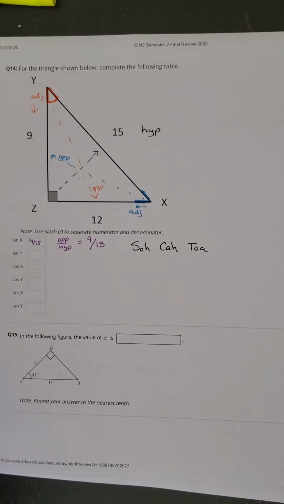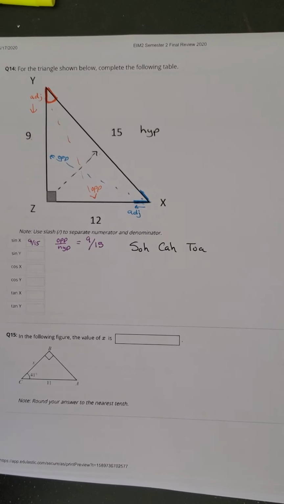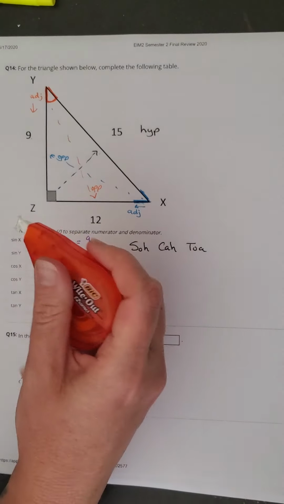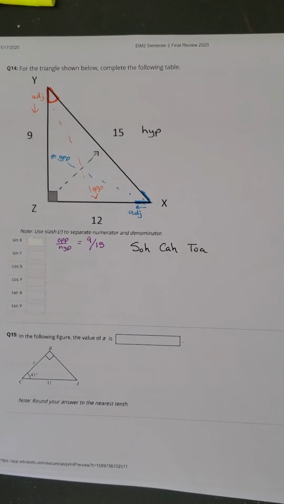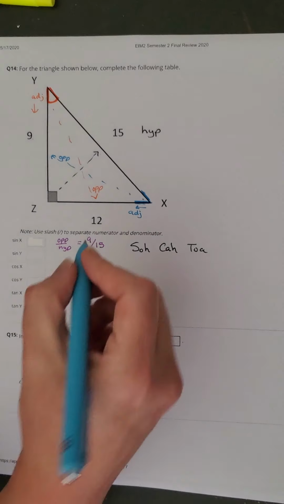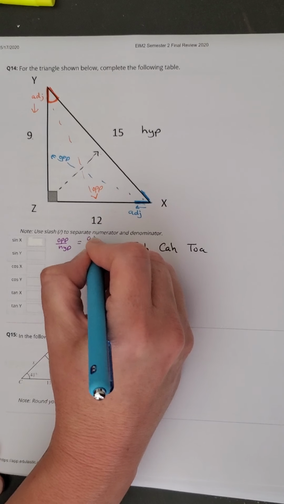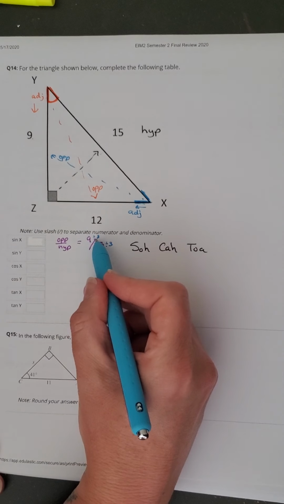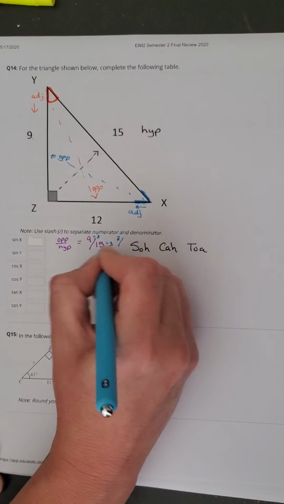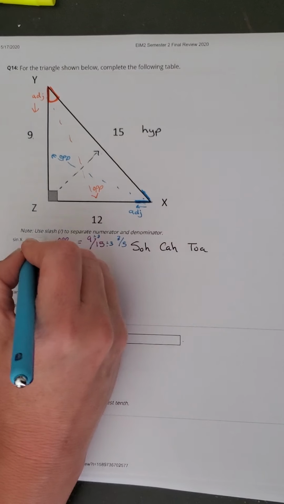It does not necessarily say to simplify it, but if it doesn't say to simplify it, you could leave it. But if it asks you to simplify it, since it could, I'm going to go ahead and divide all of this by 3. 9 divided by 3 is 3. 15 divided by 3 is 5, so 3 over 5.